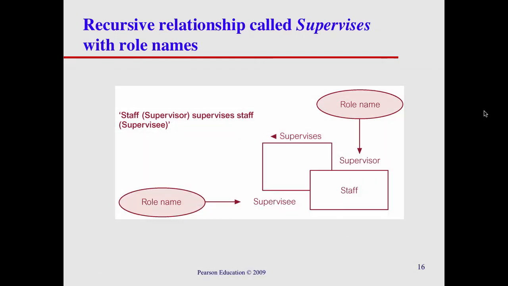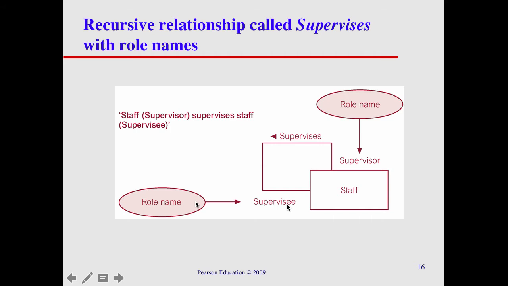Not only do we put a kind of loop in there, but we may also label the relationship with the roles to make it clear what the two roles are. So here we're saying that supervisor supervises supervisee, and it goes from supervisor to supervisee.